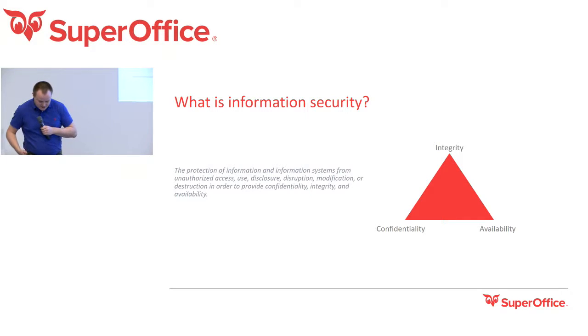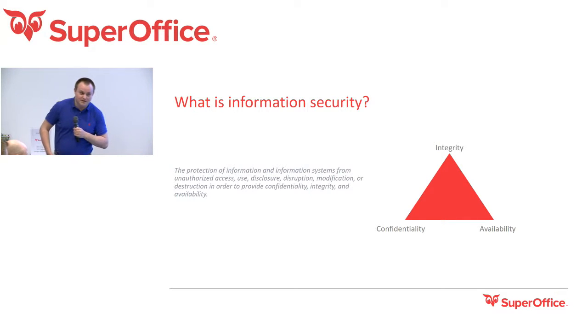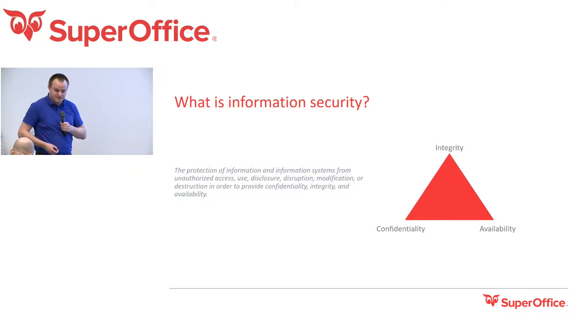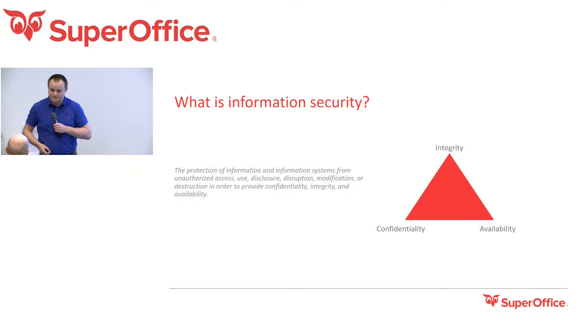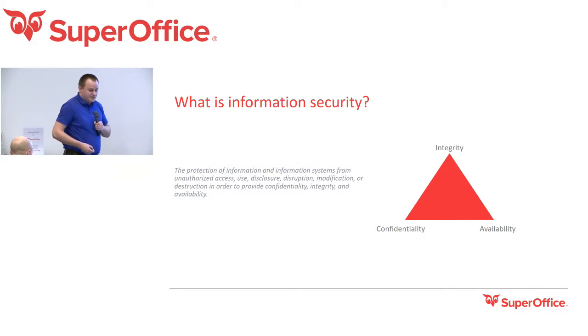And these terms are the essence in information security. So the confidentiality is that only authorized users should be able to access information. The integrity is that only authorized users should be able to modify the information. And availability is that the information must be available when the authorized users need it.